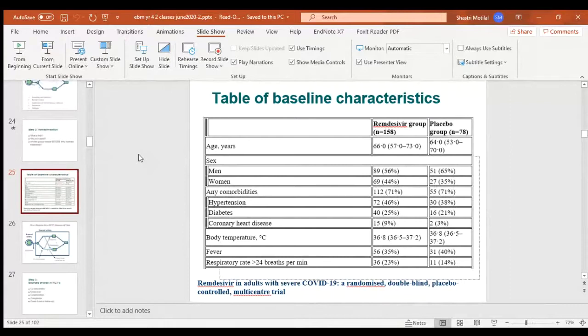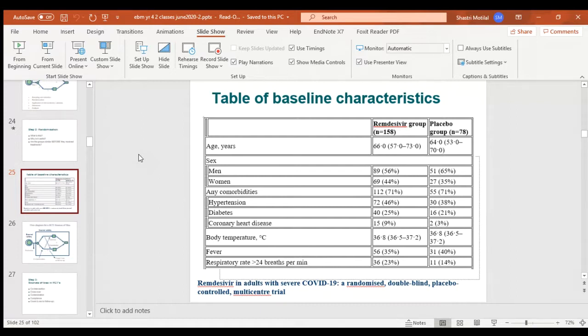But if we go further down, we'll see that in terms of coronary artery disease, 9% of the remdesivir group had coronary artery disease, 25% had diabetes, and when we look at the placebo group, 3% had coronary artery disease, and 21% of them had diabetes. So you're seeing some discrepancies or unevenness in the groups, and it makes you wonder how well the randomization worked when they produced these two groups.